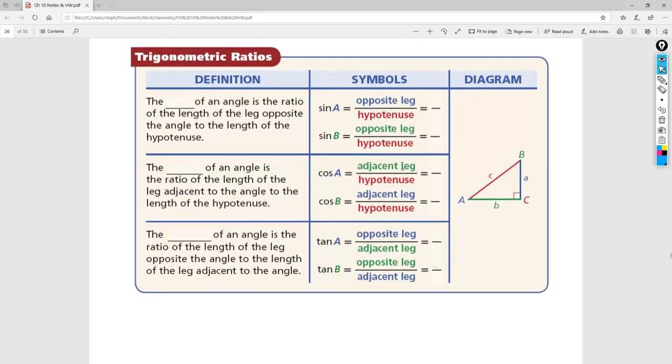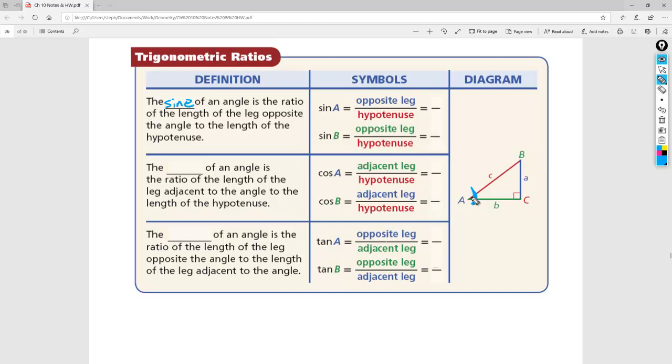The first term we're going to define is sine. So we're going to say that the sine, S-I-N-E, of an angle is the ratio of the length of the leg opposite the angle to the length of the hypotenuse. Okay, so what we mean by that is, using our diagram here, sine of A, so angle A, we always start with our angle, so sine of A is the opposite leg.